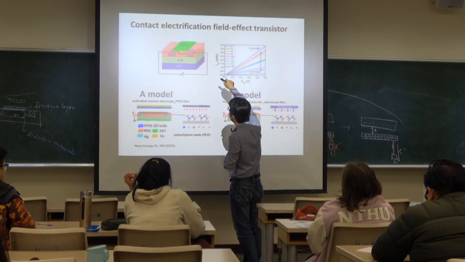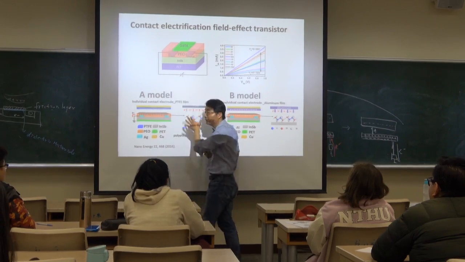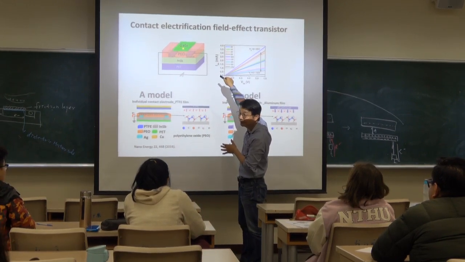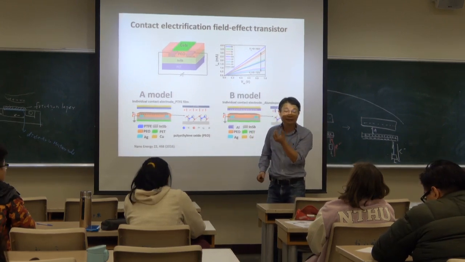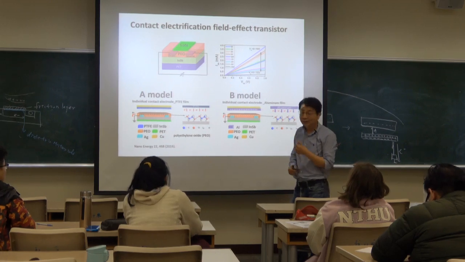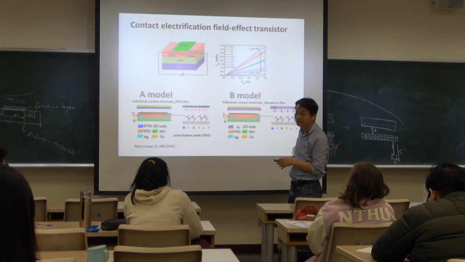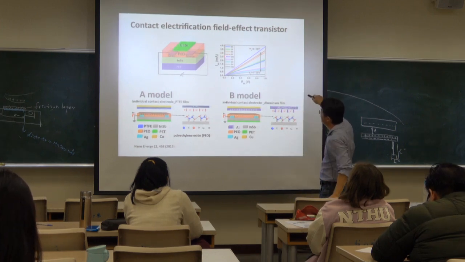IDS is right here. We can measure the IDS once we apply a gate bias, right? If you apply the gate bias, you set the VDS and also measure the output IDS because of the gate bias. Okay, now we just divide this.